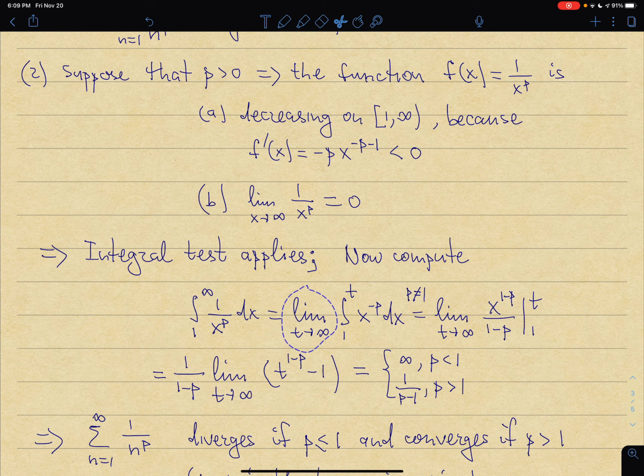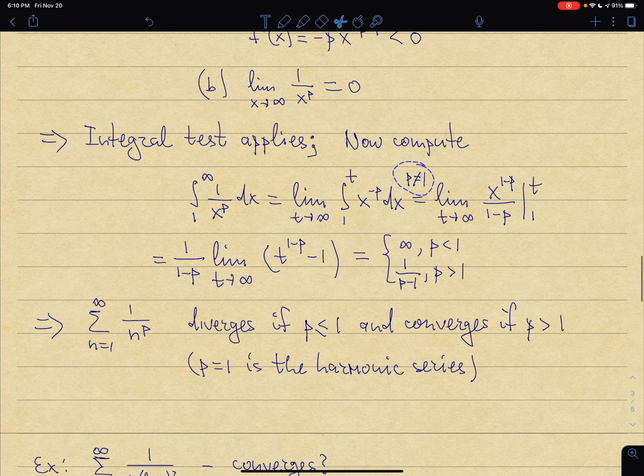So again, I'm writing it as a limit when t goes to infinity of this integral. Now, the integral of x to the minus p, of course, is x to the power 1 minus p over 1 minus p, but it only works if p is not equal to 1, so at this stage I'm going to assume that p is not equal to 1.